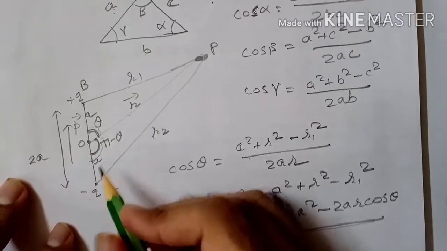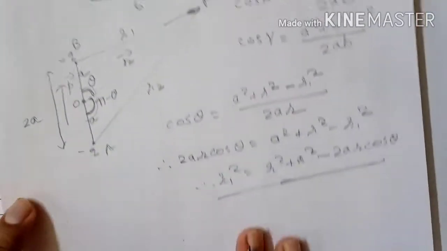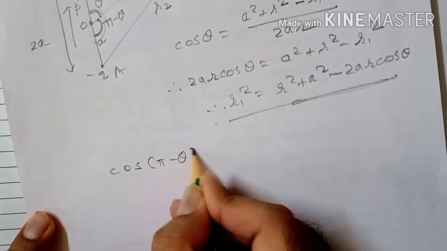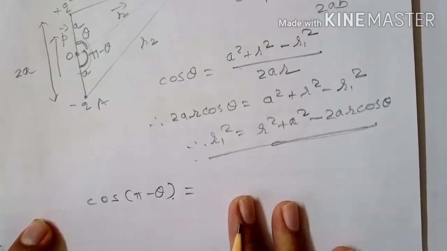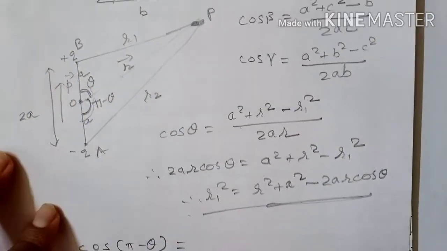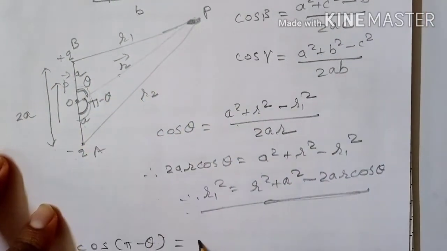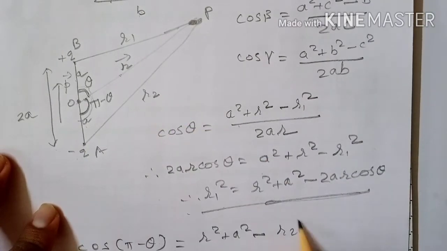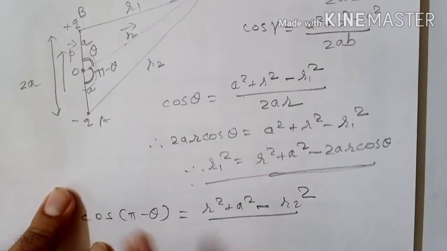So for triangle AOP, cos of pi minus theta is equal to r square plus a square minus r2 square upon 2ar.